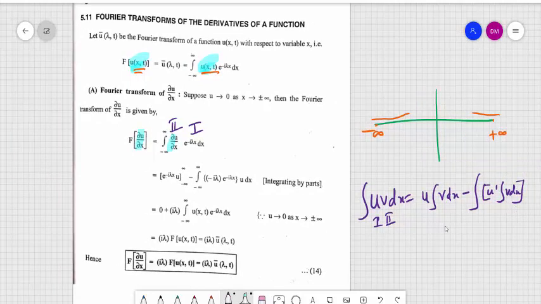I hope you are familiar with this rule, that is known as integration by parts.